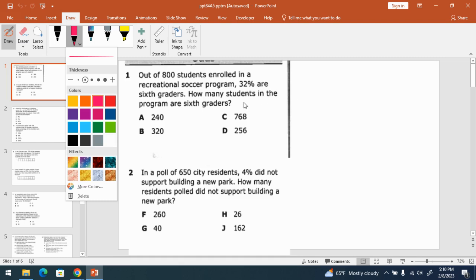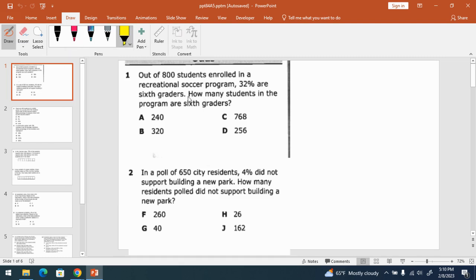Okay, so basically they want to know how many students are sixth graders. Okay, so this will be like my white paper. You need to do a white paper. You put number one, students that are in sixth grade. That's basically what they want.